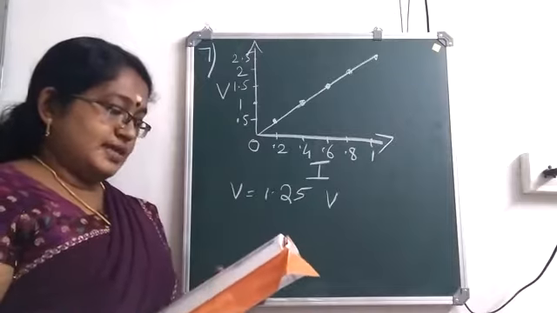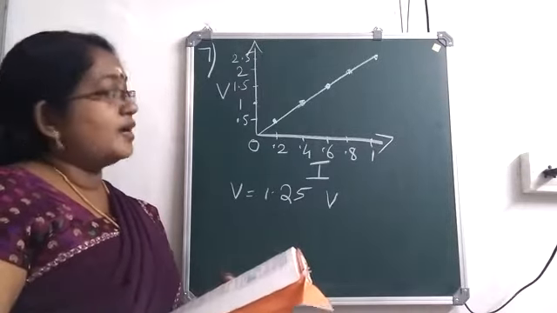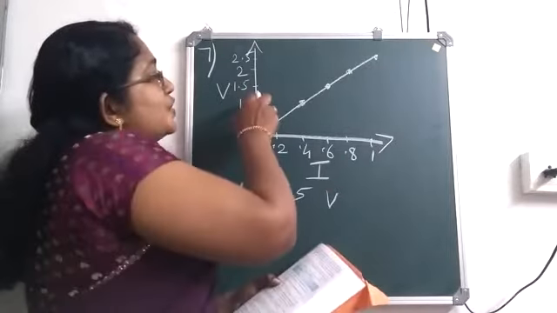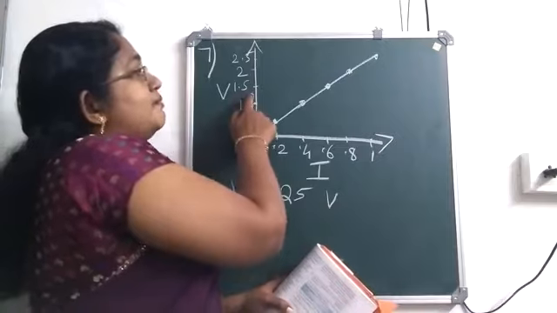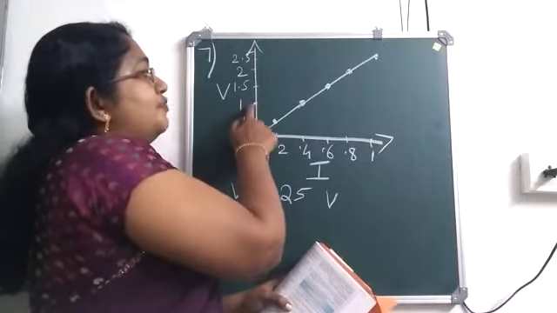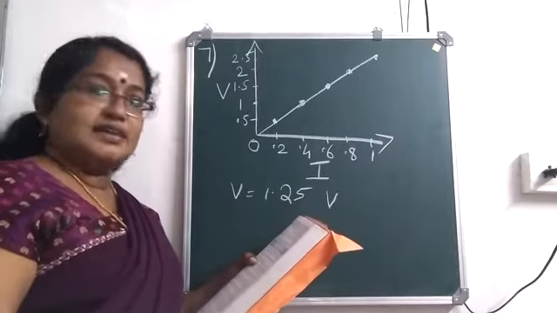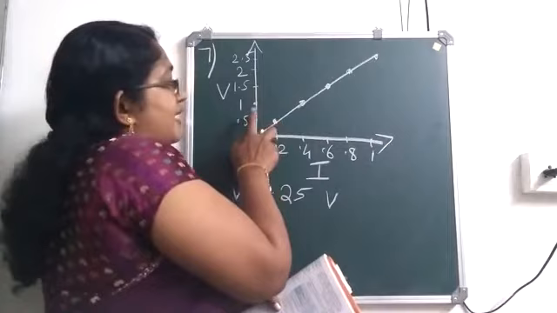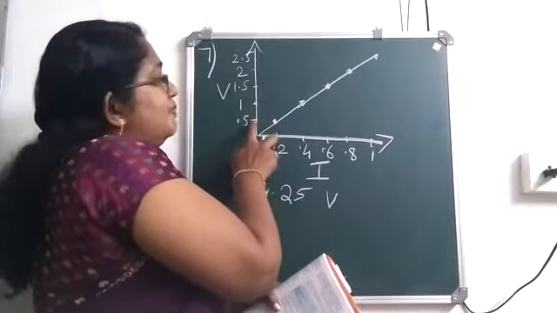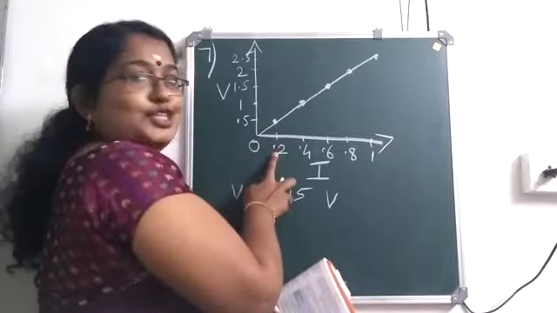Similarly, next question. The current I when the potential is 0.75 volt. So, if the potential is 0.75, where will 0.75 come? Between 0.5 and 1, isn't it? So, if the potential is 0.75 volt, what will be the current? So, here we will be having 0.75 between 0.5 and 1. The 0.5 means 0.2 is the current.